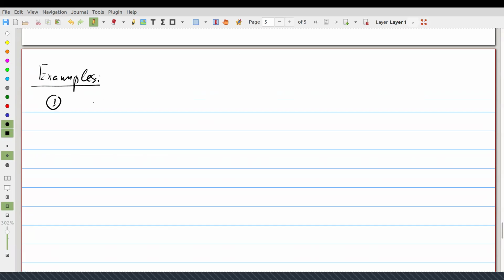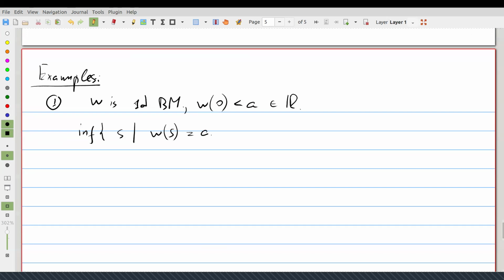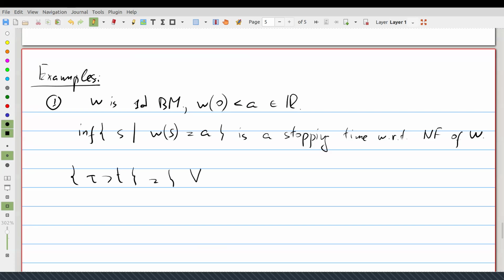The first one: assume that we have a one-dimensional Brownian motion started at zero, which is less than some a. Then the infimum of those moments of time when W hits a is a stopping time with respect to the natural filtration of W. Indeed, tau greater than t means that for any s less than t, W_s doesn't hit a.